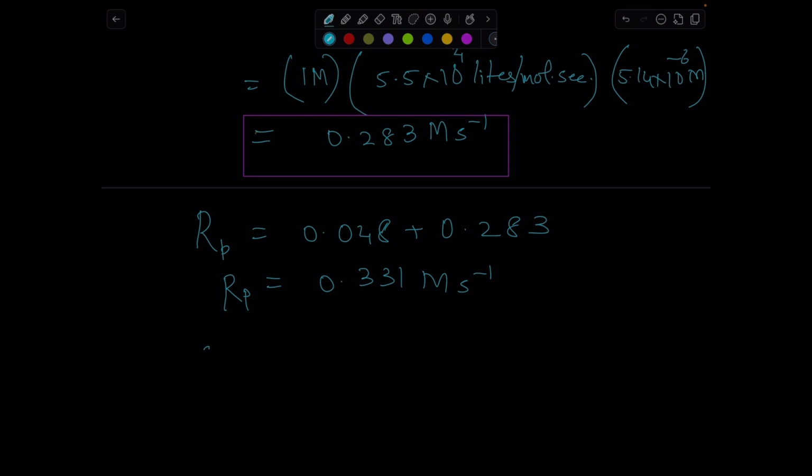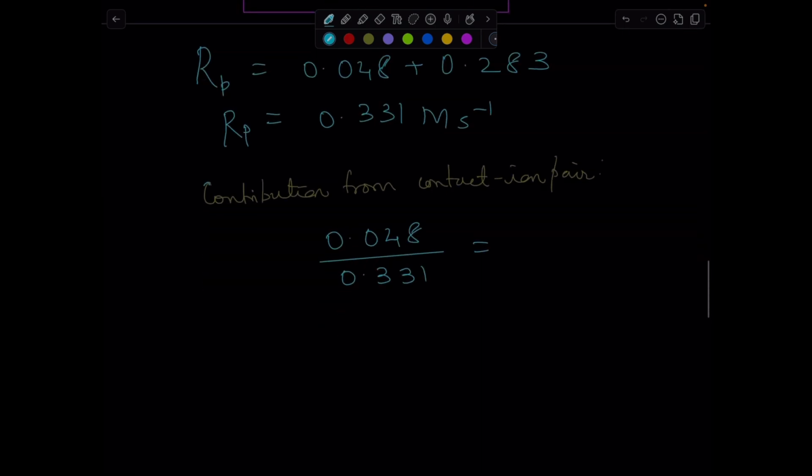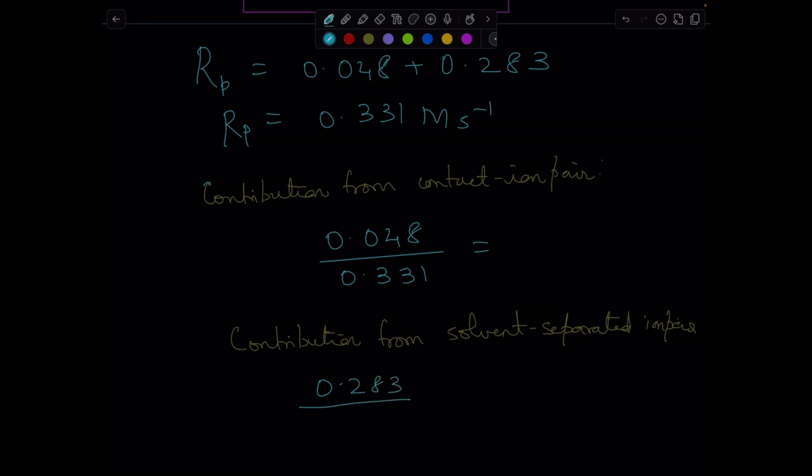So contribution from a contact ion pair is 0.048 divided by 0.331, and contribution from solvent separated ion pair is 0.283 divided by 0.331.